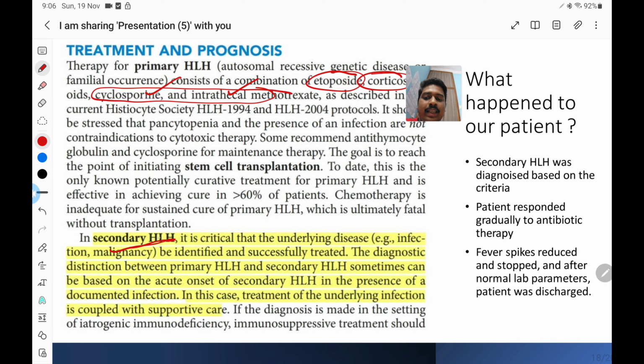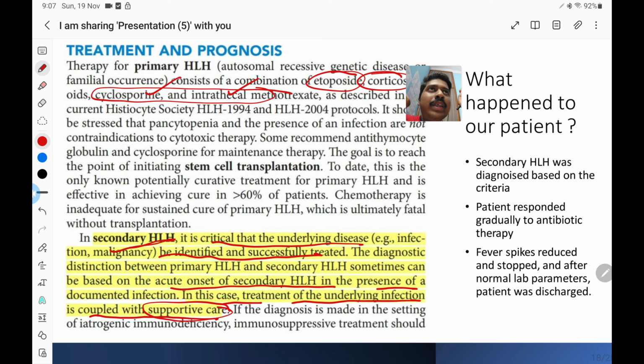In secondary HLH, this is the line from Nelson. Okay, in the acute onset of secondary HLH, treatment of the underlying infection is coupled with supportive care. Underlying disease should be identified and successfully treated. So in our case, the patient had underlying enteric fever, and if that underlying enteric fever is treated, then slowly the HLH symptoms will come down.